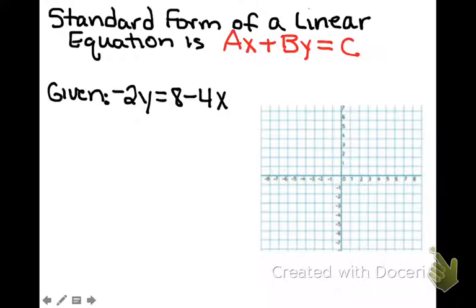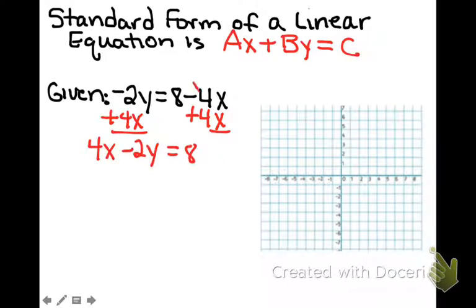So if you're given negative 2y equals 8 minus 4x, we're going to need to write this equation in standard form. So we'll have to add 4x to both sides. 4x minus 2y equals 8.